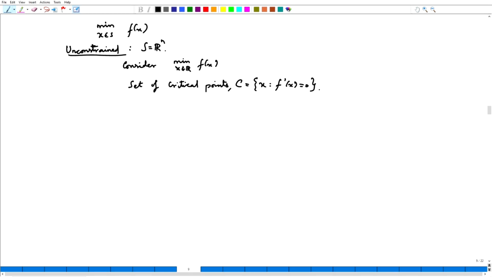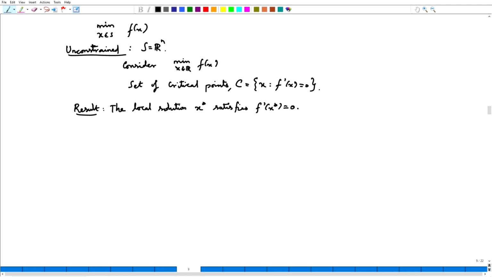So, the necessary first order condition is that the local solution x star of the problem satisfies f dash of x star equal to 0. Okay.